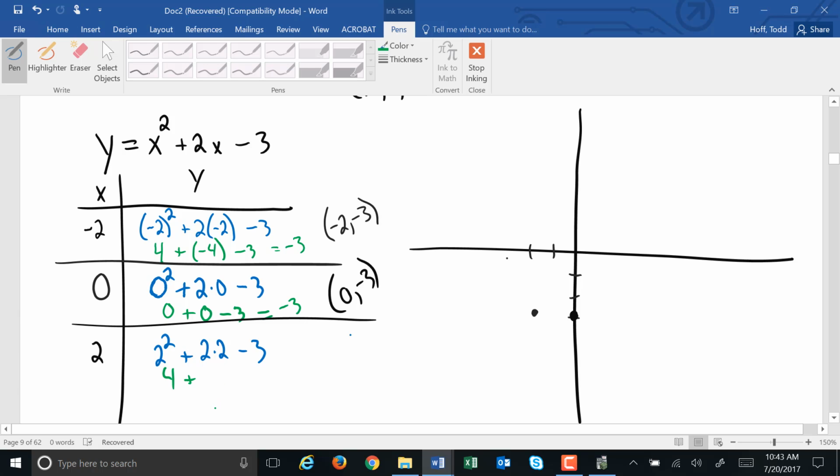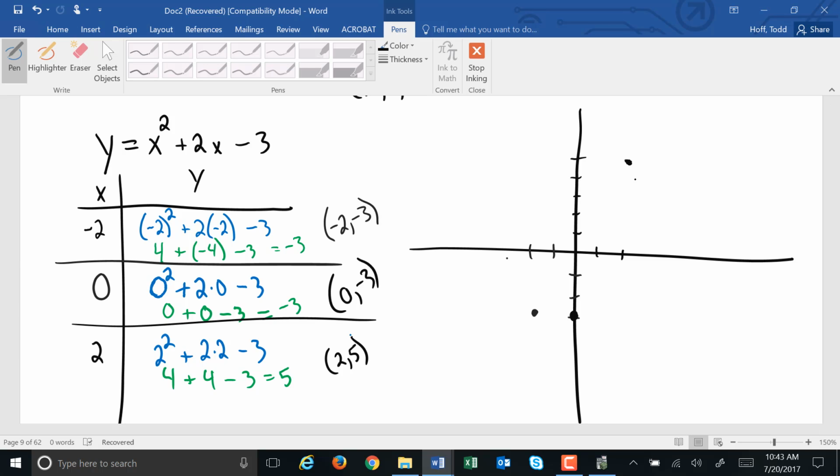What's 2 times 2? 4. 4 plus 4 is 8 minus 3 is 5. So when x is 2, y is 5. Well, we can pretty much rule out this one being a line right now, can't we? There's no way that forms a line.